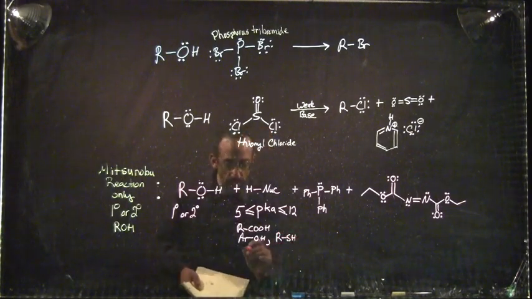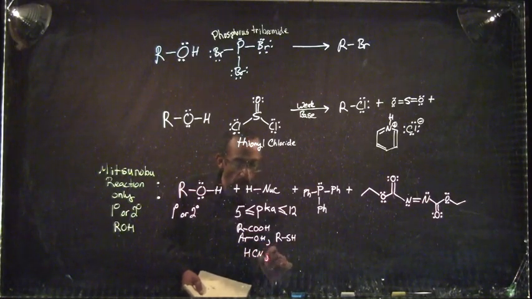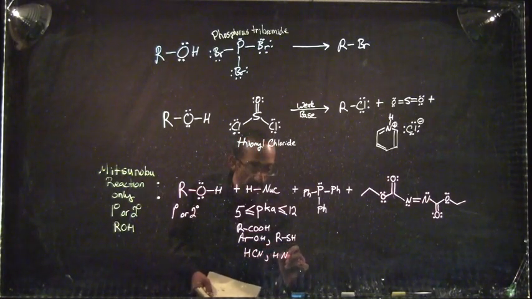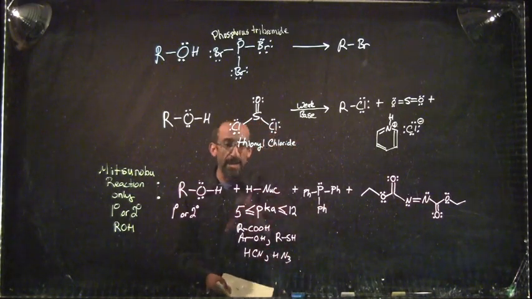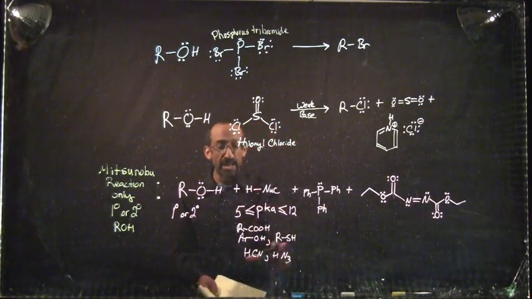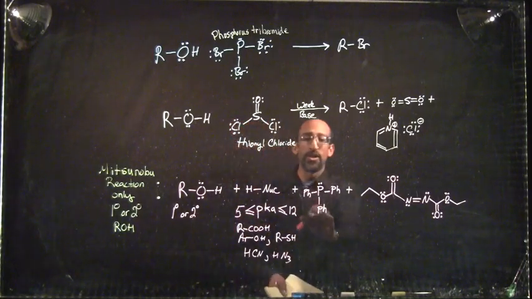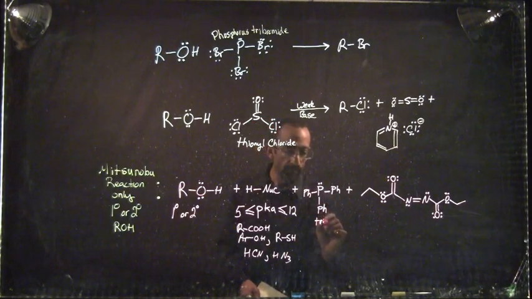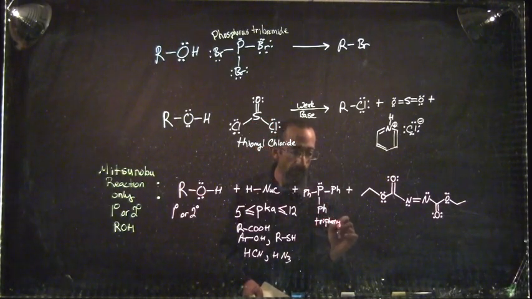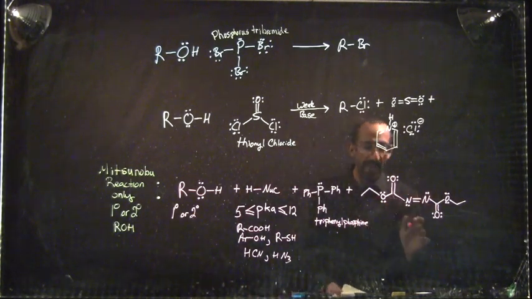We can also use weak acids like HCN or HN3. So these are all nucleophiles that are acidic and have a pKa somewhere between 5 and 12. And then the two other reagents we need are triphenylphosphine and DEAD.